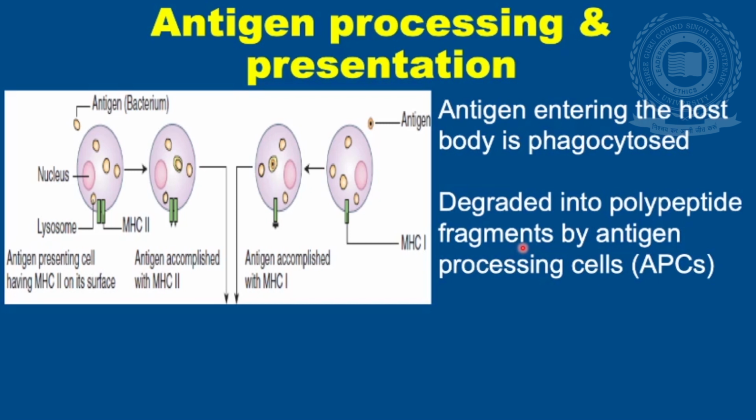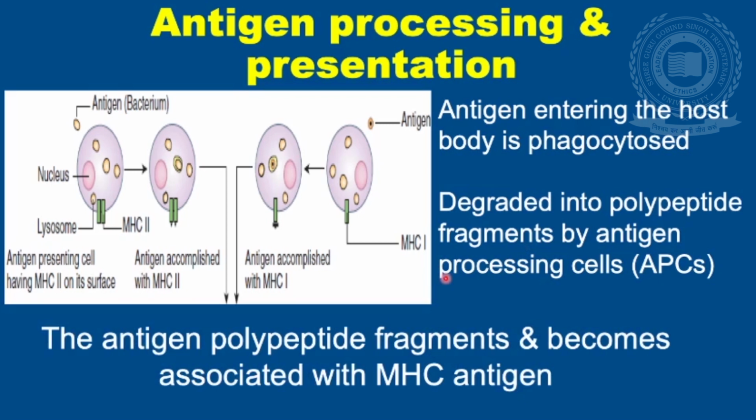The antigen polypeptide fragments then become associated with the MHC antigen and are expressed on the surface of the antigen-presenting cells. There are two modes of antigen processing.